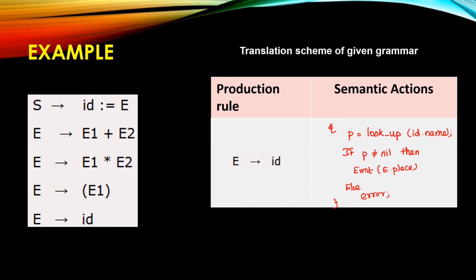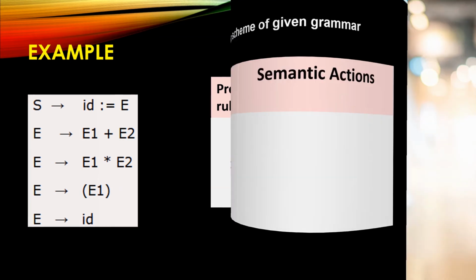Finally, at the end of this production, p returns the entry for id.name in the symbol table. As I told before, the emit function is used for appending the 3 address code to the output file, otherwise it will report an error. Newtemp is a function used for generating new temporary variables, and E.place helps to hold the value of E. So this is how a semantic action for an assignment statement is used.